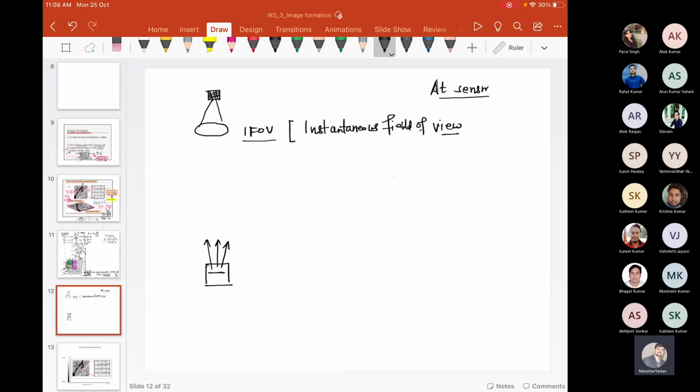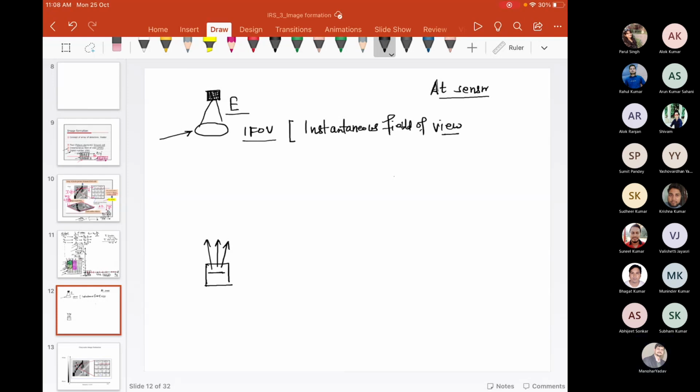I will further explain in detail what a schematic is. So this is the optical part. Through the optical part, energy is concentrated at the sensor. So let's say the sensor senses total energy E that is coming from the ground resolution cell, as well as some scatter from the atmosphere that also falls in the IFOV of the sensor at that particular time.